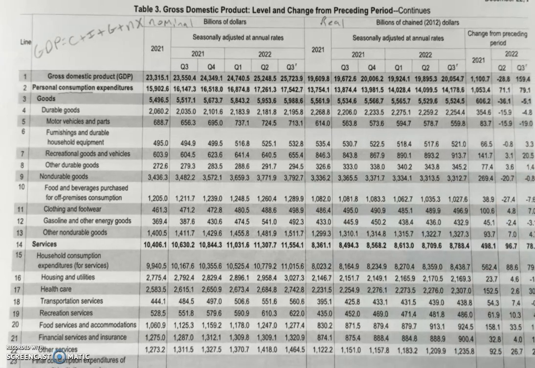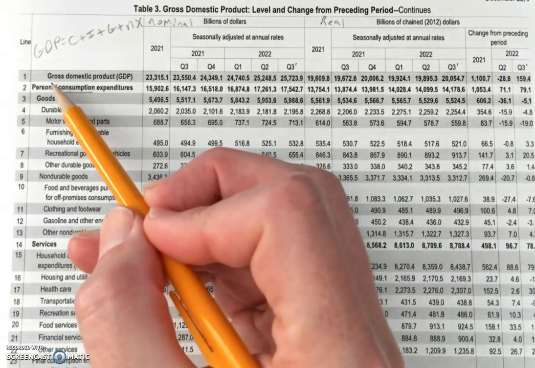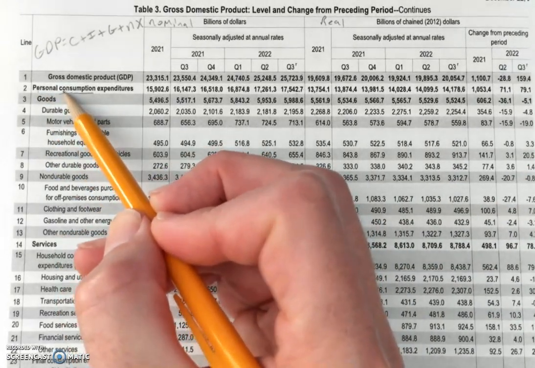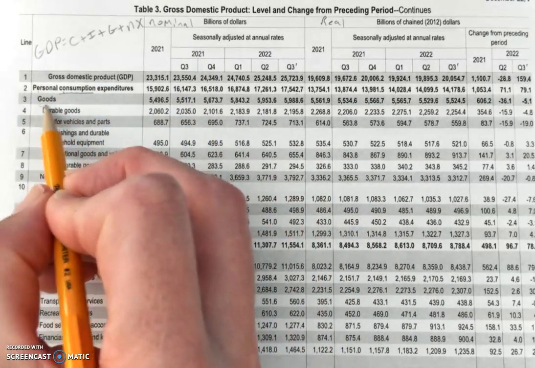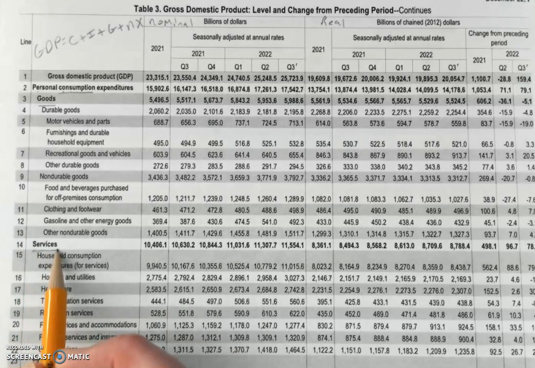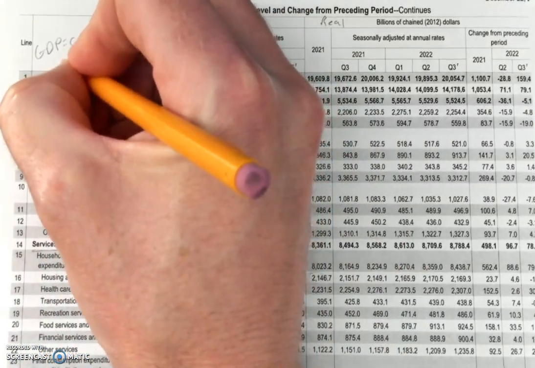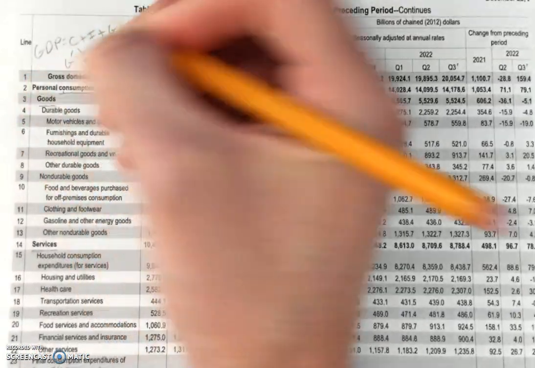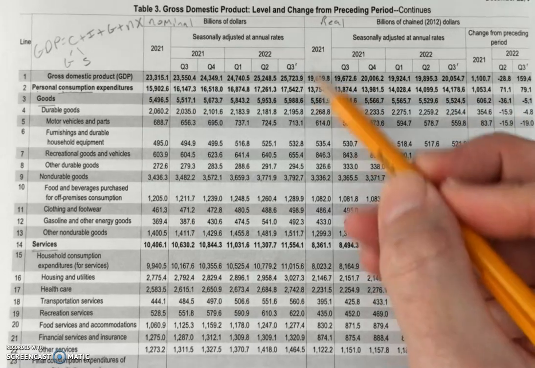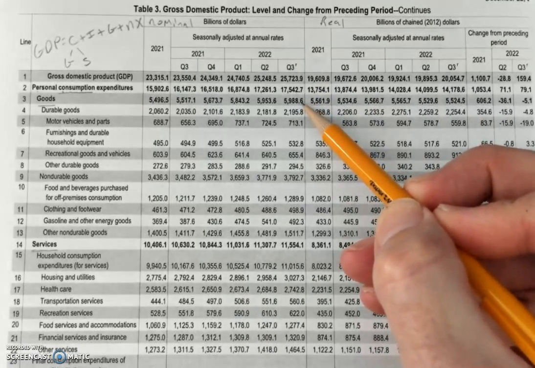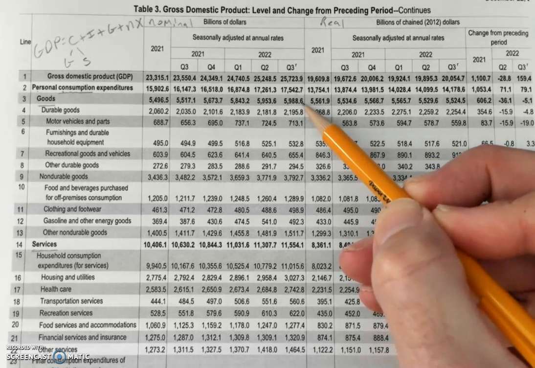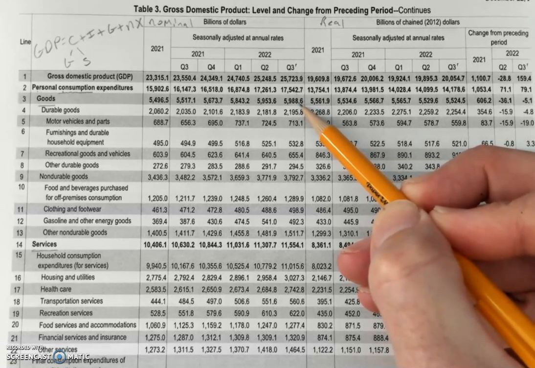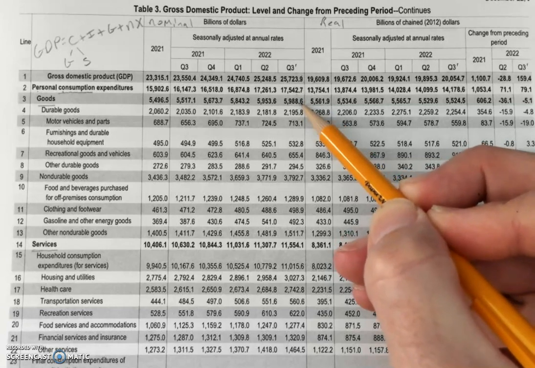Okay? And in fact, you can even go further. For example, you'll notice that personal consumption breaks down into 2 categories. It breaks down into goods and services. So maybe in quarter 3 of 2022, we have goods of 5,988, and we want to know what fraction of consumption that makes up.